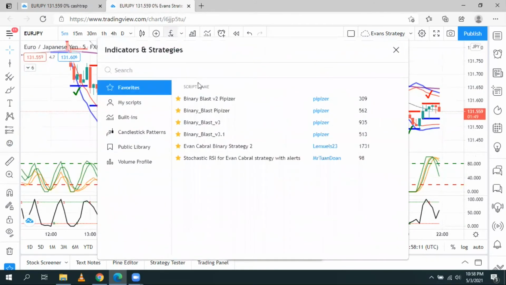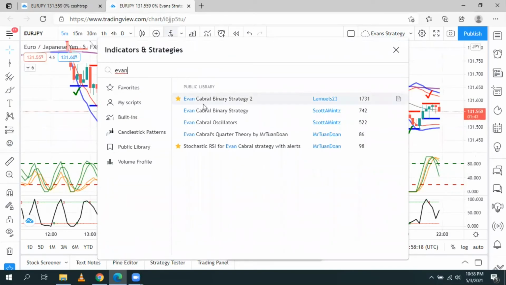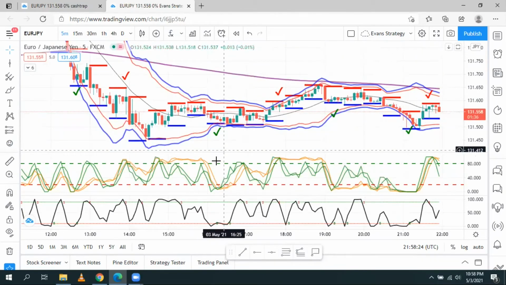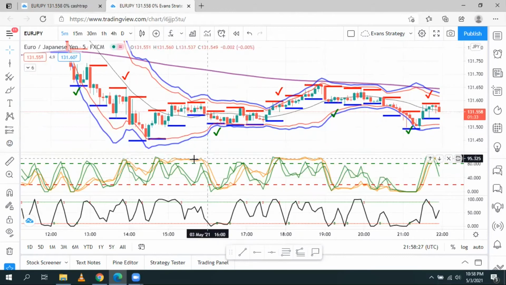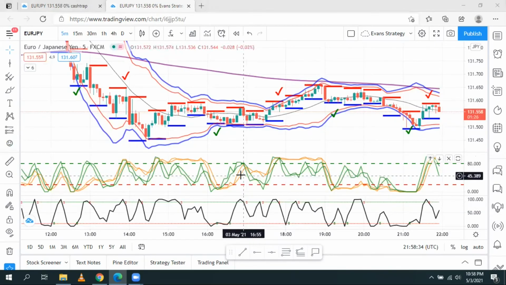Actually, come here on the Evan Cabral. Just type Evan. Then if you press this Evan Cabral oscillators, it will give you both the stock RSI, the double stock RSI, and the DMI stochastic, the two together. These two indicators are combined as one. So since you understand the concept of what you are waiting for, you actually use the three together in one single indicator.